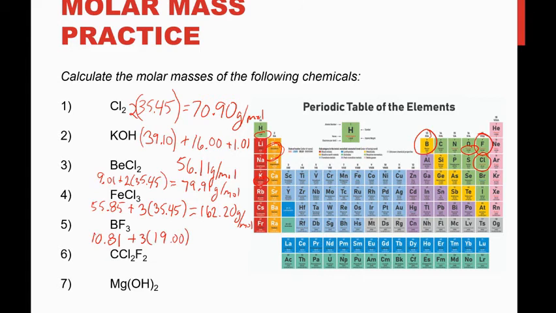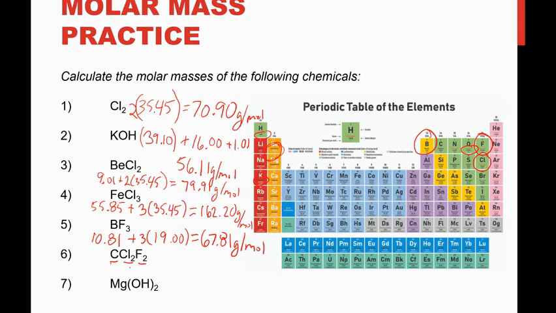So I do 10.81 plus 3 times 19. 3 times 19 is 57 plus 10.81. That's going to end up giving me 67.81 grams per mole.